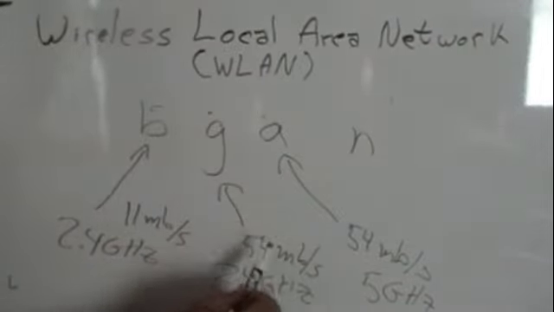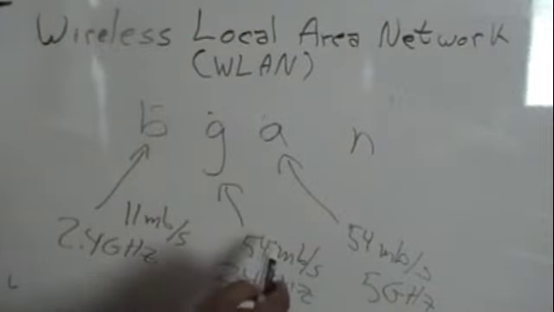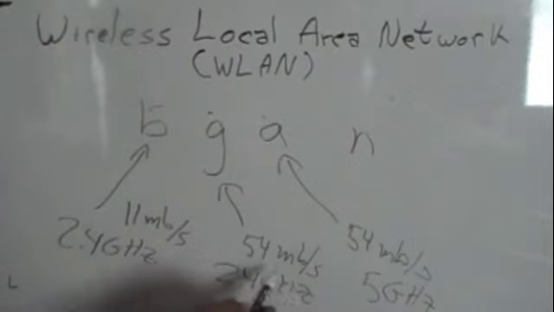G has the same data rate, but it's at half the frequency, so consider the pipe is half as big. So if the number of users allowed to keep the same data rate is half, it's quicker to overload a G than it is an A, although G is quite good.